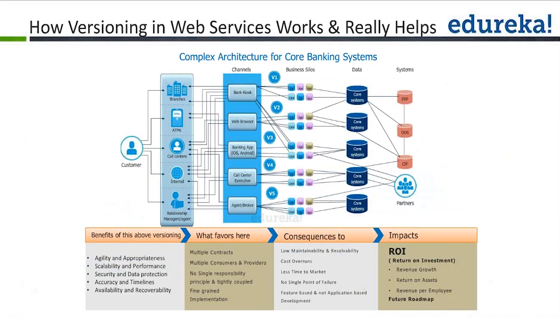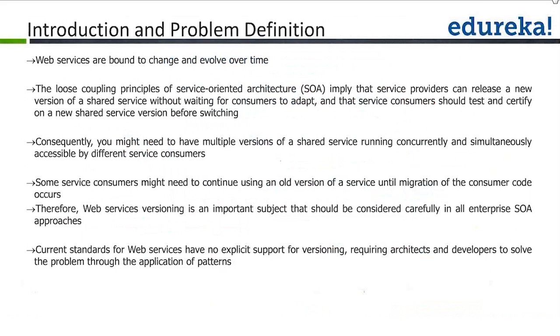So the intent of this slide was not only to focus on web services versioning here, but also to complement the SOA architecture and the services: why the services are needed, and what the advantage is when we do the versioning.